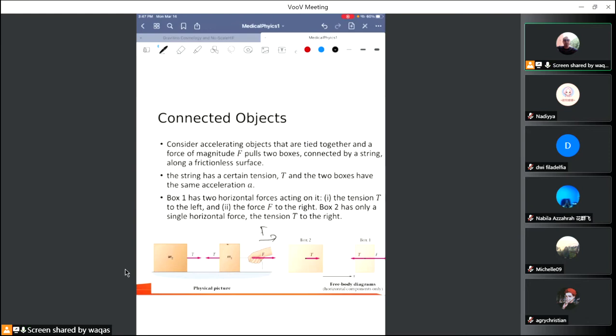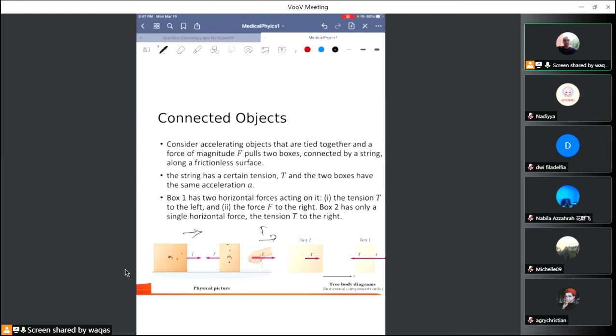Box 1, M1, has a horizontal force acting on it. The tension T is in the left direction, because there is a string. For box 2, the tension is in this direction.